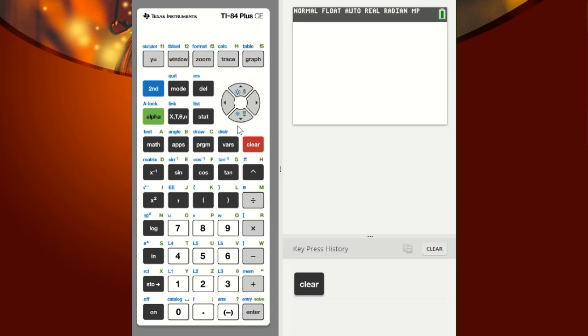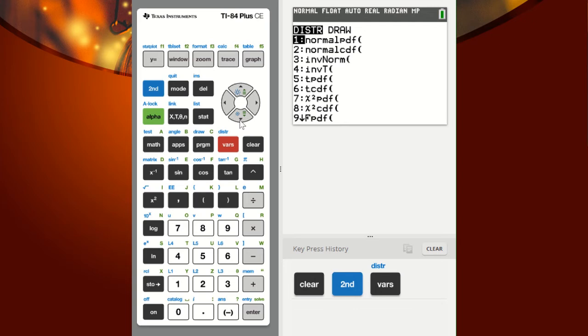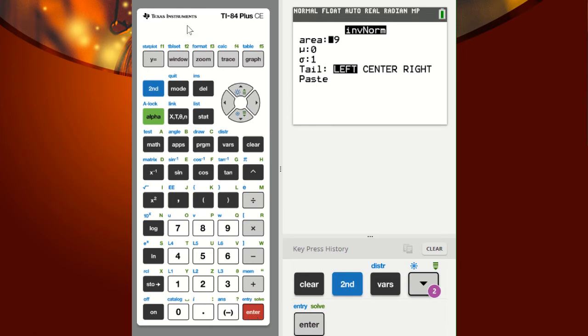Okay, so to find the z-score, we're going to be in distribution again. That's where we're living today. So 2nd VARS, and now we're at inverse normal, because again, we're going from the inside of the table out to try to get a z-score. So inverse normal is what I'm going to hit. Let's say I have a percentile of 90% and it's shaded to the left.